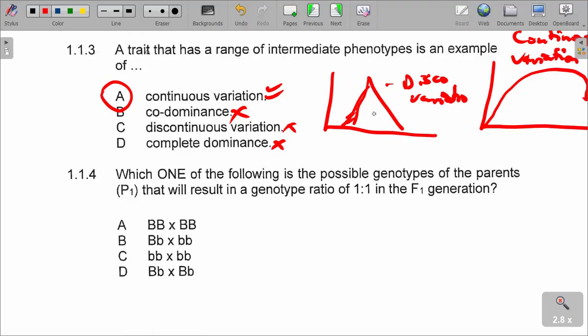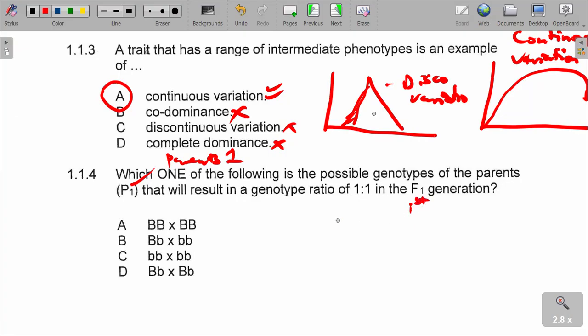Which one of the following is a possible genotype of parents that will result in a genotype ratio of 1:1 in the F1 generation? We are talking about P1, the first generation of parents, and F1, the first filial generation.